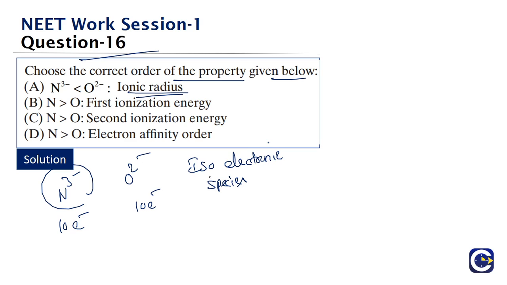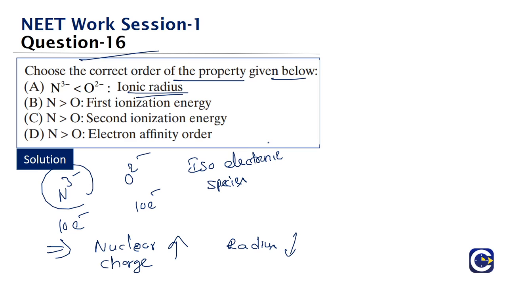Comparison of the radius. What is the rule for the comparison of radius? When the nuclear charge is more. For the isoelectronic species, when the nuclear charge is more, the corresponding radius values will be lesser. The corresponding radius values will be what? Lesser. So here, the anions that are getting formed, or cations for that matter, only the number of electrons will change.